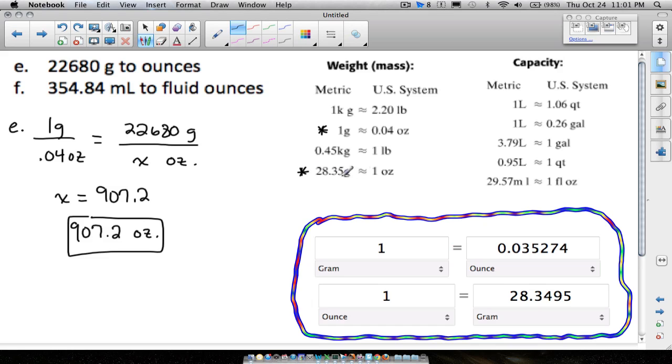Now watch what happens when we use this one down here. So let's set up the same problem, but instead of us using this rate that we got here, let's use this one. So we have 28.35 grams is the same thing as 1 ounce. Setting this up, let's make sure we put grams at the top. So we have 22,680 grams, and we're trying to convert that to ounces. So it's kind of got the same setup, except our rate here is different than our rate here.